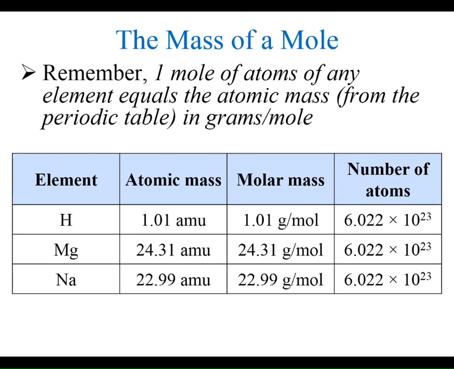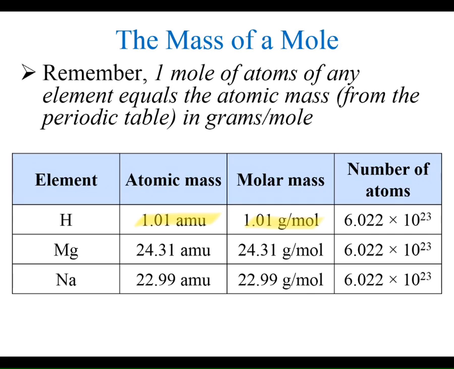So for example, one hydrogen weighs 1.01 AMU. But a mole of hydrogen weighs 1.01 grams. So 6.022 times 10 to the 23rd hydrogens weighs 1.01 grams.